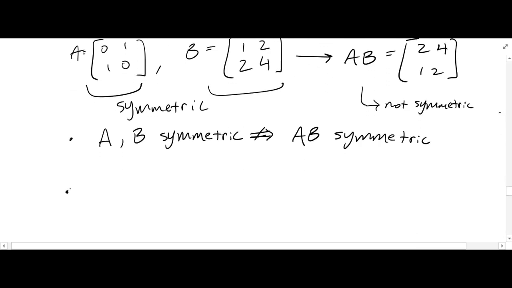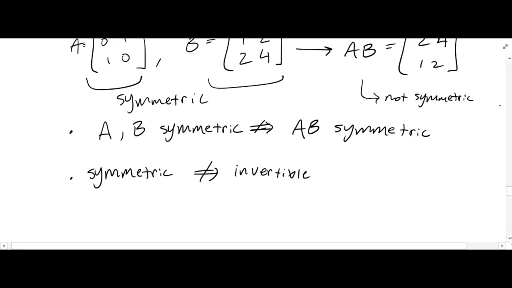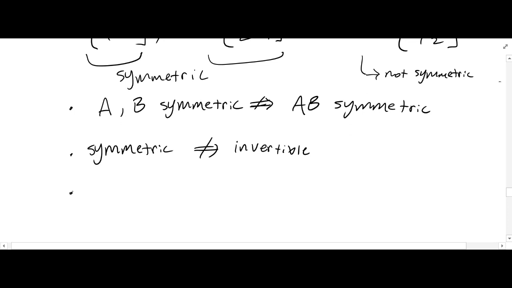Okay, symmetric matrices are not necessarily invertible. And invertible does not necessarily imply symmetric either. So the properties of transpose are, we've talked about this one. When you transpose a product of two matrices, you have to swap the order.